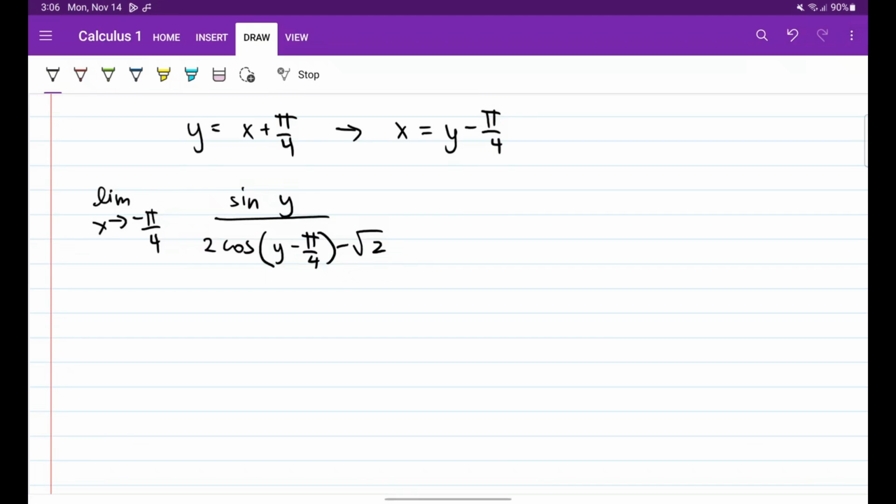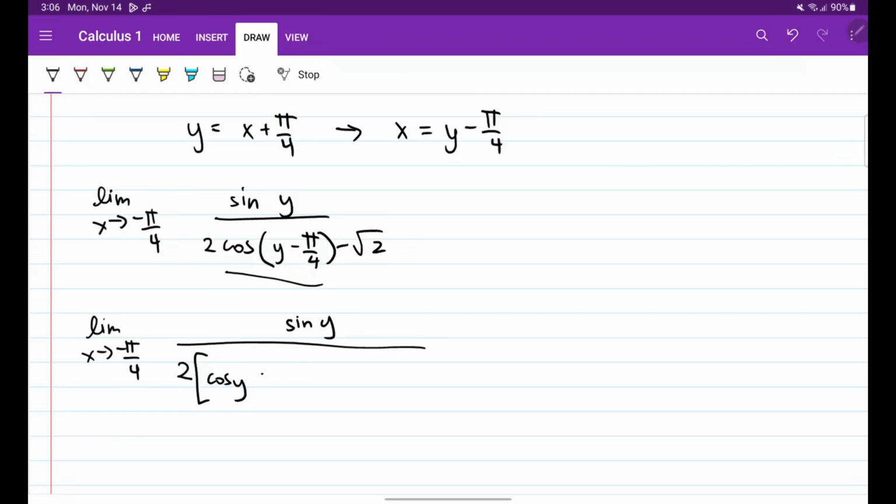And what could we do with this, no? So, pwede natin gawin is i-expand natin yung cosine y minus pi over 4, no? So, limit as x approaches negative pi over 4 sine y all over 2, okay, square bracket, tapos expand natin cos minus sin, no? So, this is cosine y cosine pi over 4 plus sin y sin pi over 4.